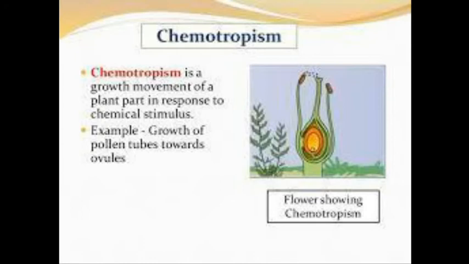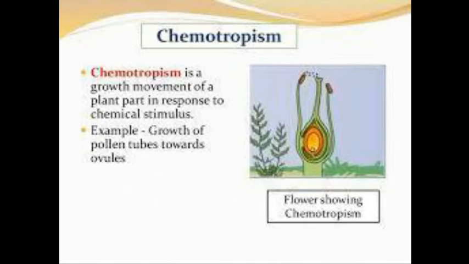During fertilization, the pollen grain present on the stigma of the pistil will start growing. The pollen tube will grow from the pollen grain towards the ovule through the style.